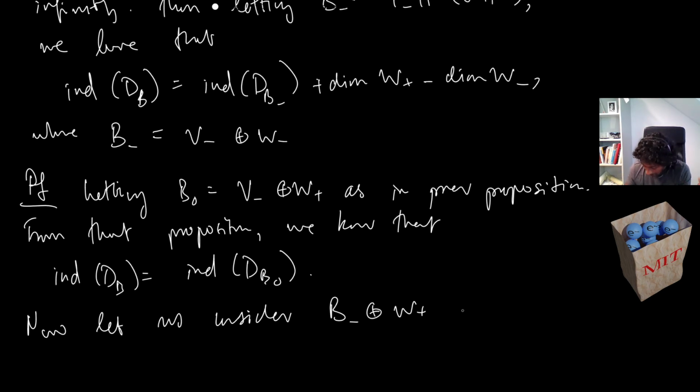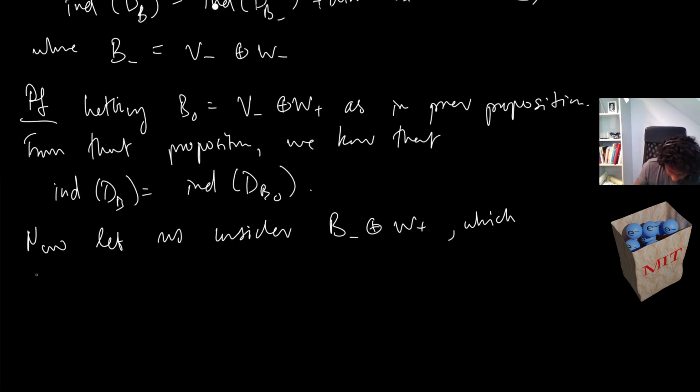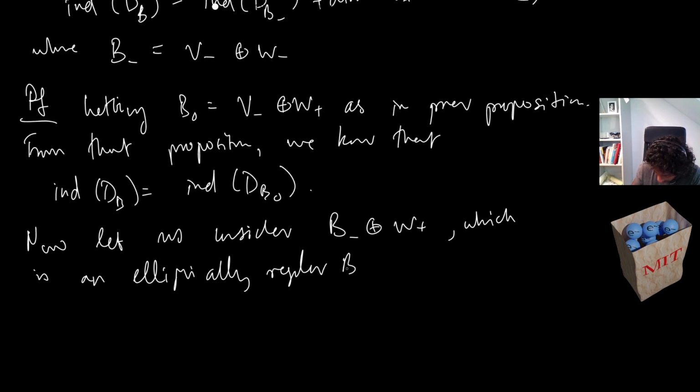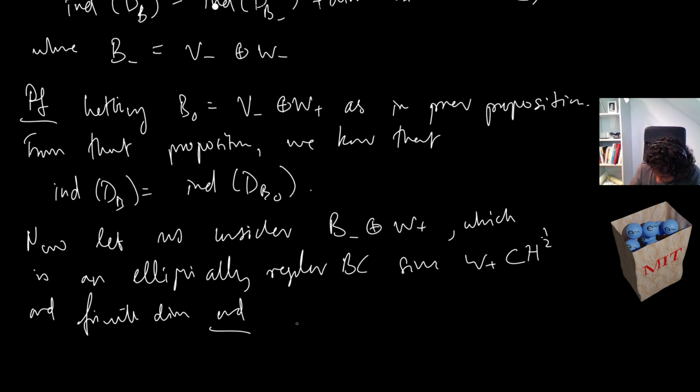So this is an elliptically regular boundary condition, since W plus is in H half and finite dimensional, and B minus is equal to P minus H half. We're really adding on a finite dimensional piece from a complementary subspace, and so that's all kosher.